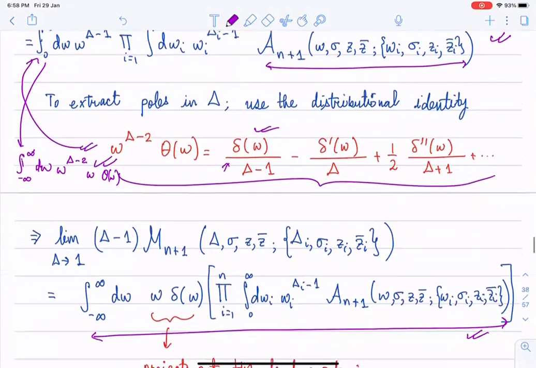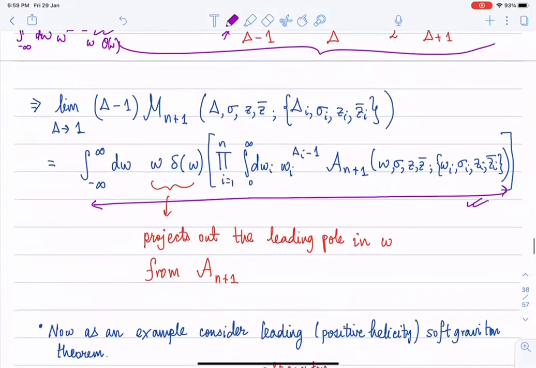Okay, right. So basically the point is that we end up with some object which looks like this. So now notice that we have this factor of omega times delta omega, right? So what this does is that this factor will actually project out any pole that the term within the square brackets has.